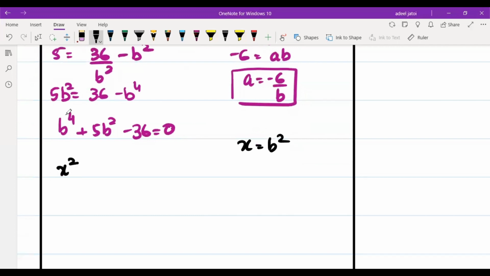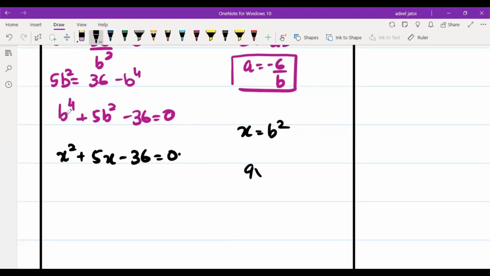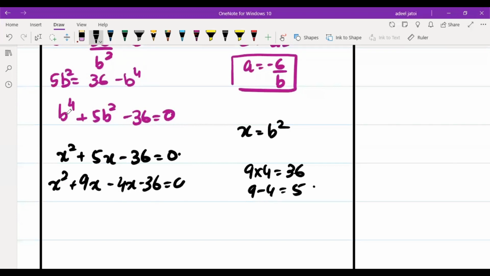So x square plus 5x minus 36 is equal to 0. We can see 9 into 4 is 36 and 9 minus 4 becomes what? 5. x square plus 9x minus 4x minus 36 is equal to 0. x plus 9, x minus 4 should be equal to 0.